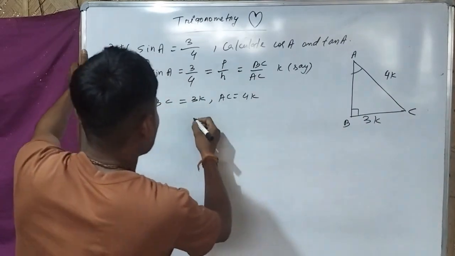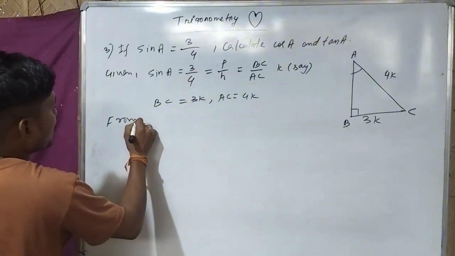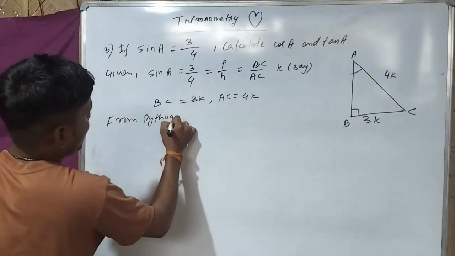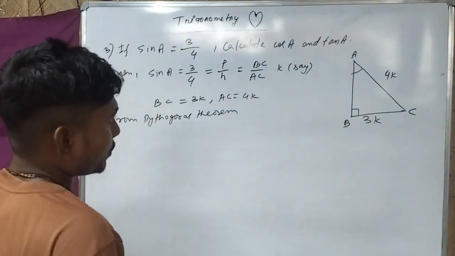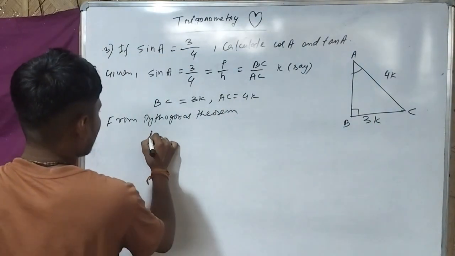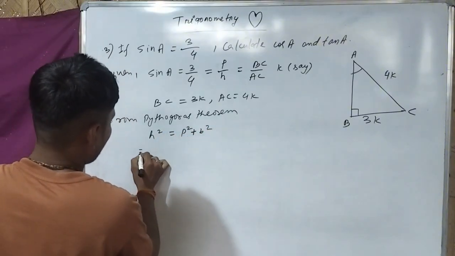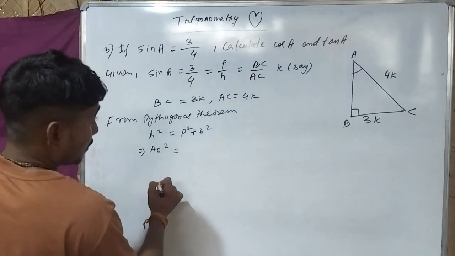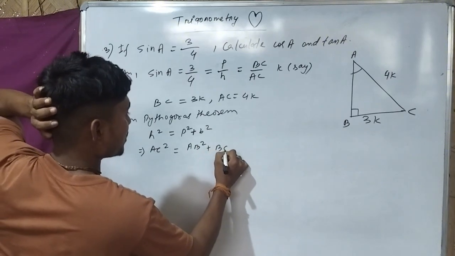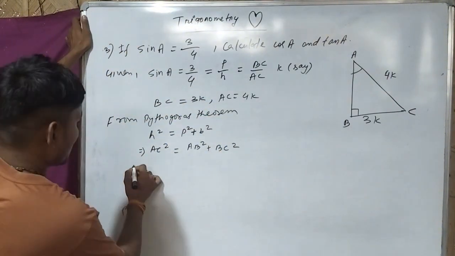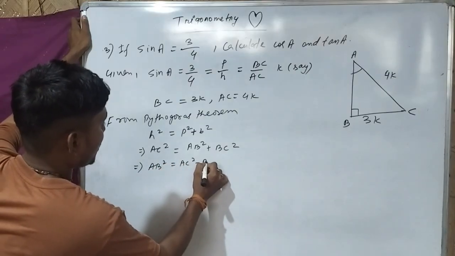Okay. Now these two sides are given, so from the Pythagoras theorem you have to find the third side. See here, which will be your hypotenuse? AC is the hypotenuse. H square equals P square plus B square. So AC square equals AB square, where AB is the perpendicular, plus BC square, where BC is the base. Now we have to find AB square, so AB square means AC square minus BC square.